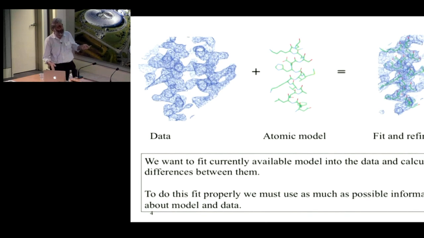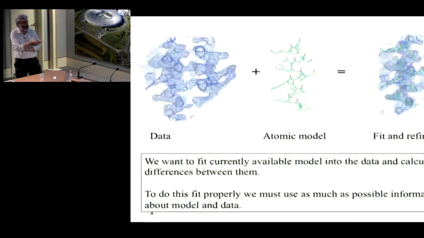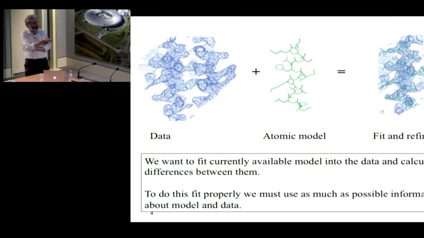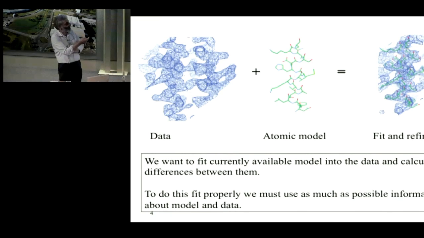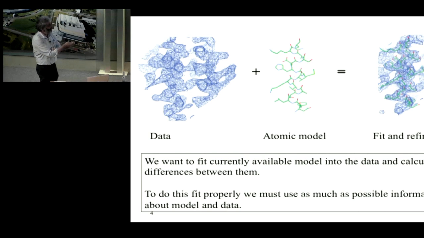Basically, what is refinement? You have an atomic model, and you fit it into the map, and you make sure that the fit is as optimal as possible. At the same time, the structure should be as structurally and chemically sensible as possible. In crystallography, we also calculate difference maps.